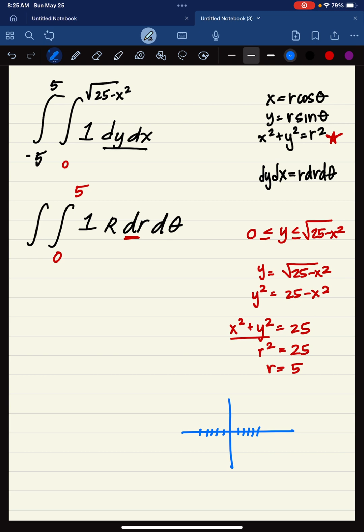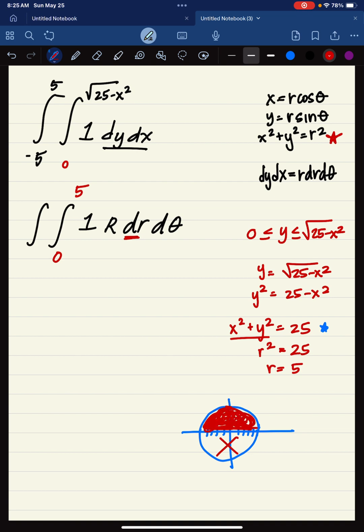Okay, so here's where x would lie. And I know this is a circle because x squared plus y squared equals 25 is a circle. So here's what the circle would look like. Not a very good circle, but that's a circle. But remember earlier I told you that y had to be positive? So y can't be down here. So y has to be from here to here, and this would be the area.